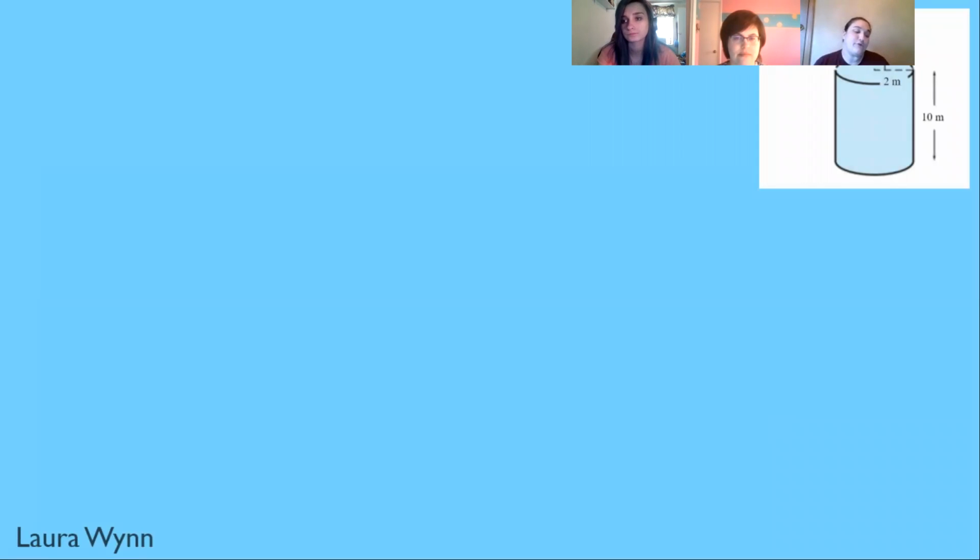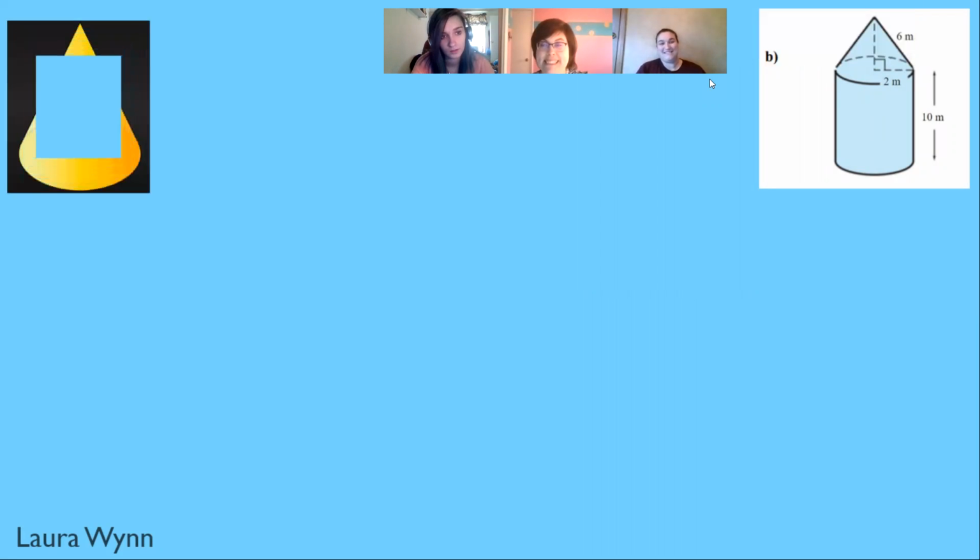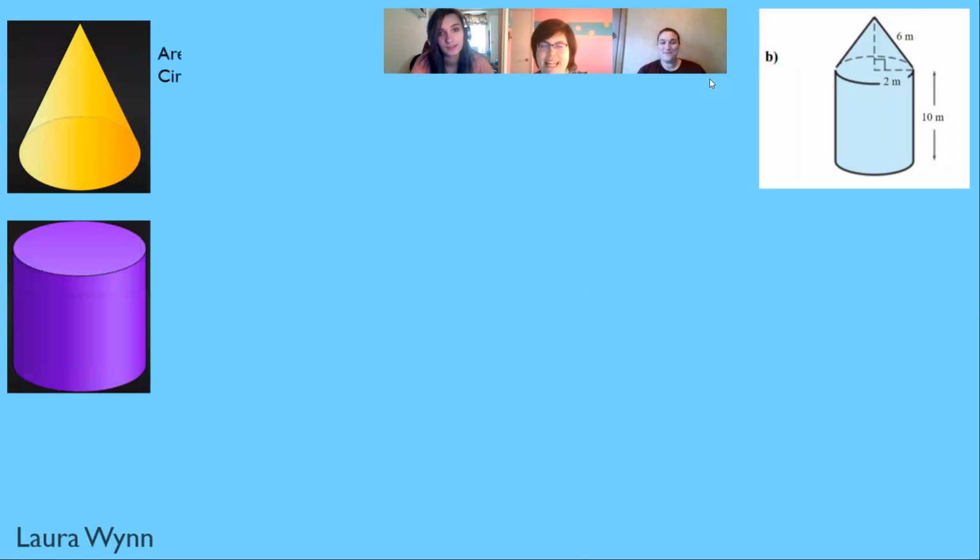All right, so from the shape given to us, we can see that there's a cone and a cylinder. We use the area of the cone, and since the base is circular, we also use the area of a circle. Then we use the formula for the area of the lateral cylinder. There's our beautiful cone and our cylinder.